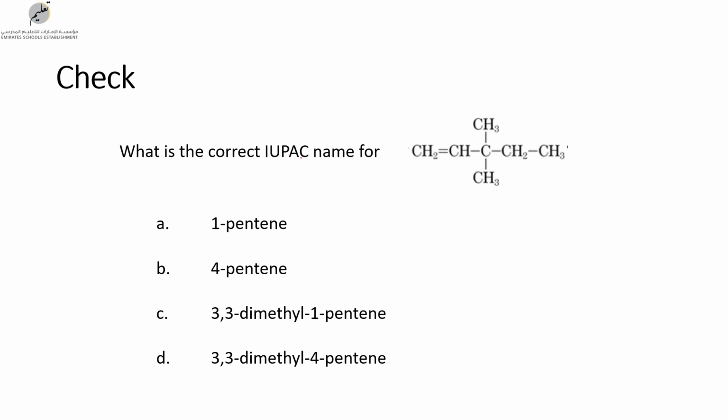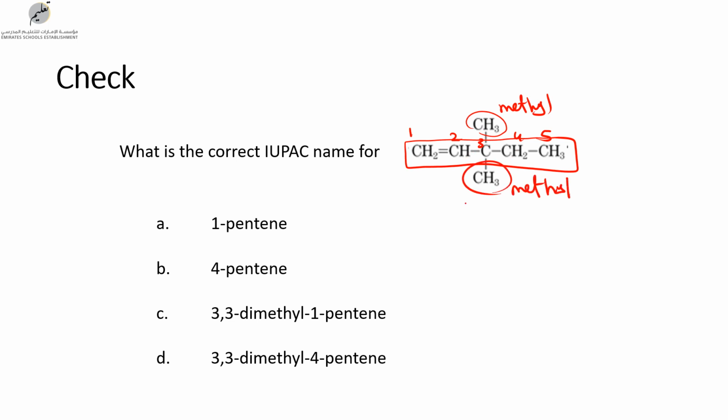What's the IUPAC name for the following structure? So what's the longest chain? It's this one, right? It's obvious. How would you start numbering? Look at the double bond and start from there. So 1, 2, 3, 4, 5. Now you have methyl here, right? And also methyl here.